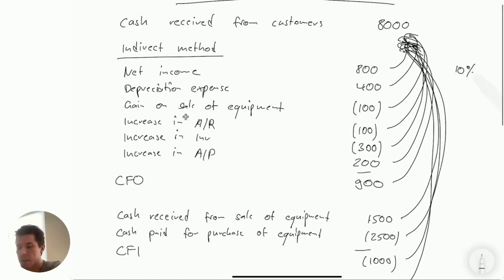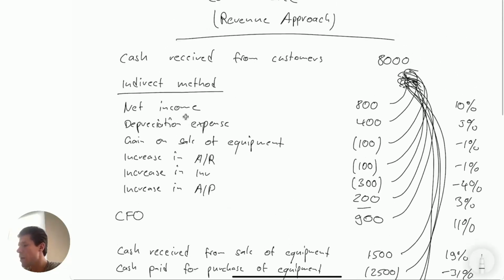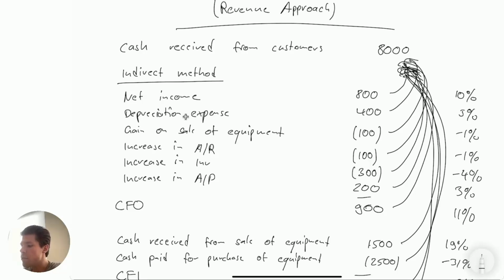Here you would have 10%, 5%, minus 1%, minus 1%, minus 4%. Again, there are some rounding error issues. 3%, 11%, and then we do the same: 19%, minus 31%, minus 13%, and so on and so forth. So everything is expressed as a percentage of net revenue, or cash received from customers.